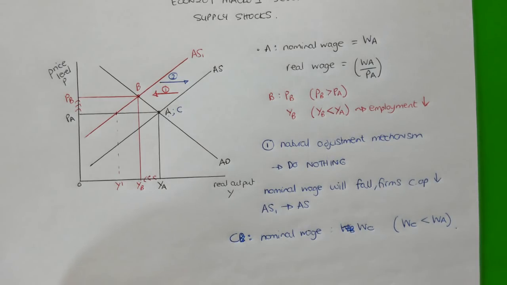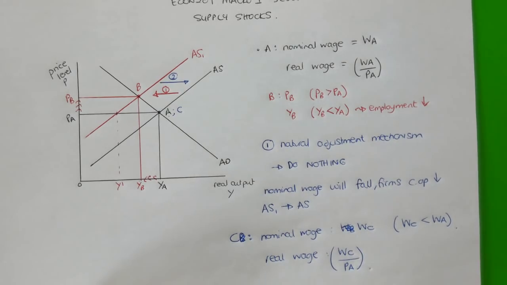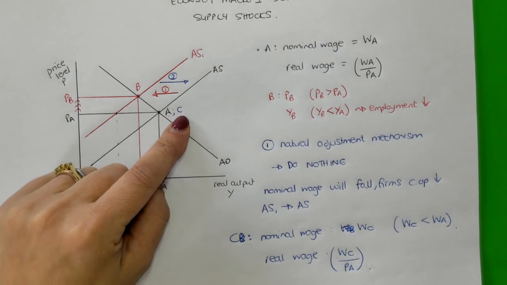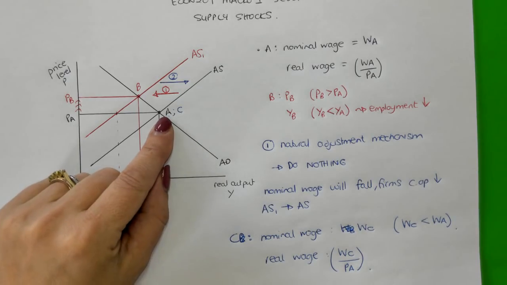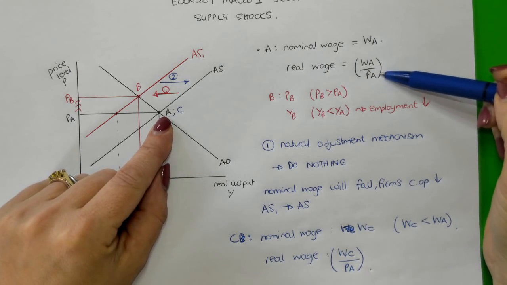And if we were to now compare the real wage, it is WC over PA, okay? So the big difference between point A and what I've labeled as point C is that at point A, the nominal wage was WA and the real wage was WA over PA.